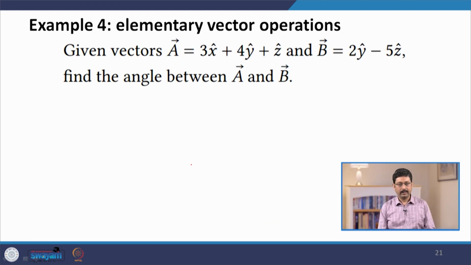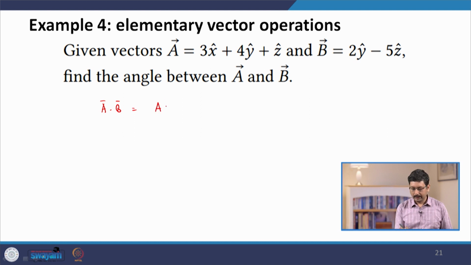So, let us take an example. Two vectors A and B are given, find the angle between A and B. How do we find the angle? If I apply this definition of the dot product, it gives you A times B times cos theta, and again I can write the same thing in terms of the components: A x B x plus A y B y plus A z B z.